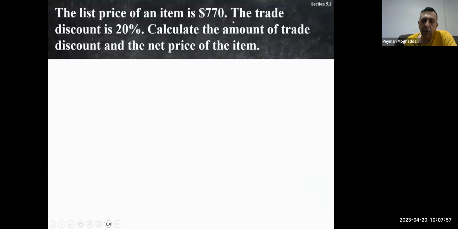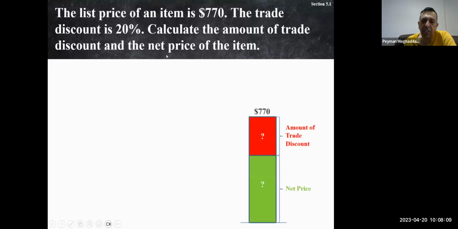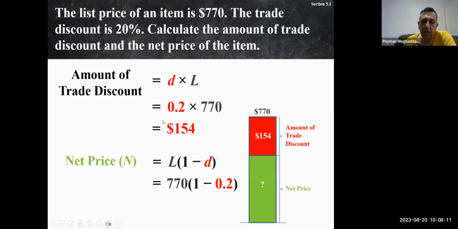Let's do an example here. The list price of an item is $770. The trade discount is 20%. Calculate the amount of trade discount and the net price of the item. Net price is list price multiplied by 1 minus D. So 770 times 1 minus 0.2 is $616.